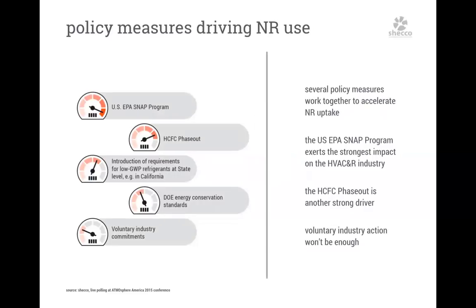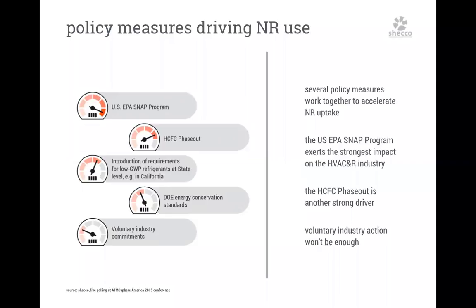We gave the participants these different options and asked them, what do you think has the highest impact on the uptake of natural refrigerants? And you can see here that the US EPA SNAP program has the highest impact, followed by the HCFC phase out at the international level, and by initiatives taken at the state or the province level, for example in California.